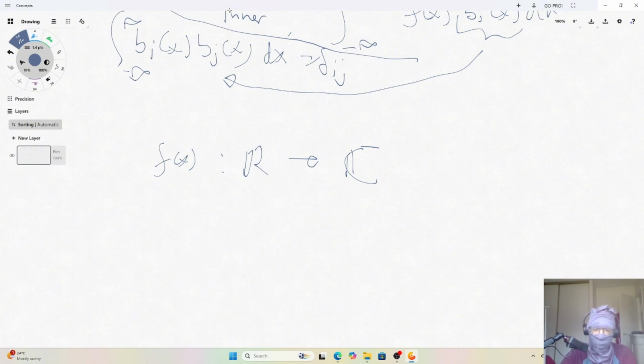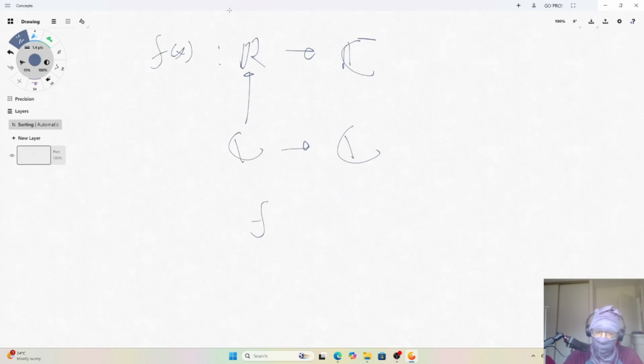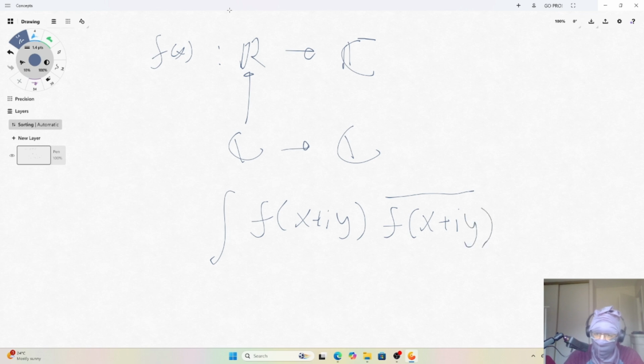I do not know if it also works for complex to complex, but I feel like it should work also. But then the integration, suppose that you take the inner product in complex, I'm not sure if it applies.